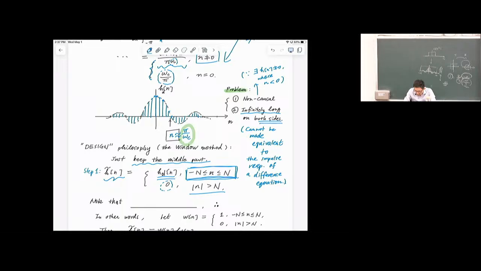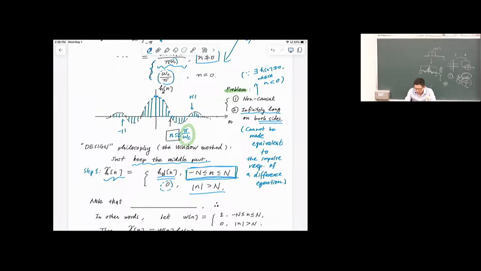So we will keep the samples from minus 11 to plus 11. Let's count 0, 1, 2, 3, 4, 5, 6, 7, 8, 9, 10, 11. Forgive me, but you know what I mean. The response should be symmetric. We keep the time between plus 11 and minus 11, and only keep the middle part.